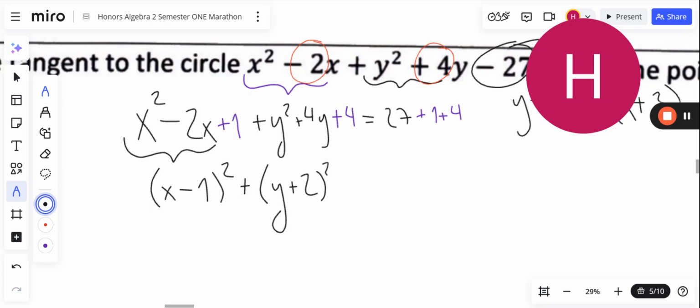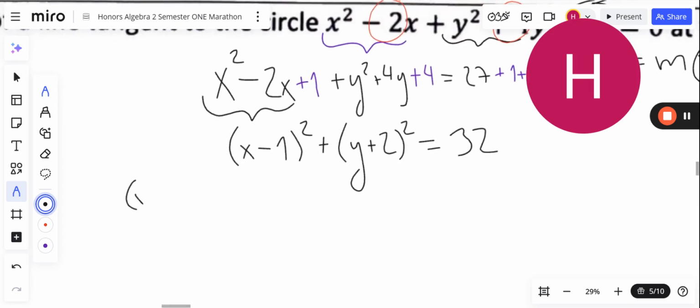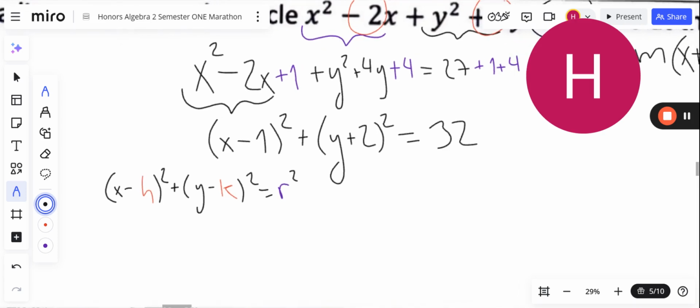Well, that's because the equation for a circle is given by x minus h squared plus y minus k squared equals r squared. And so this is giving us the center location of (1, negative 2).